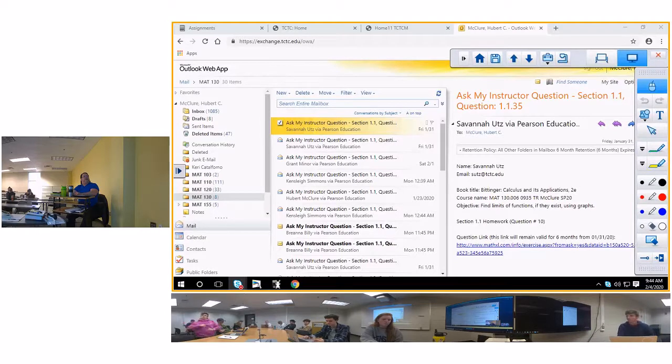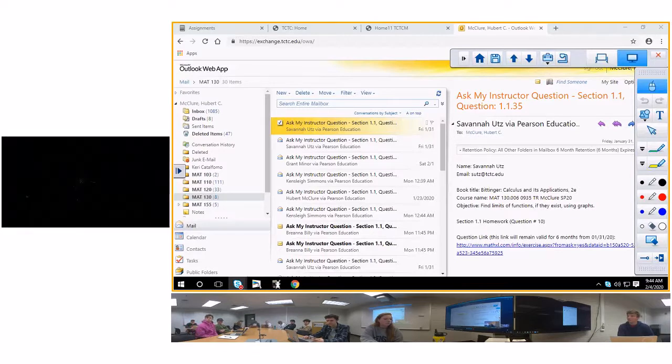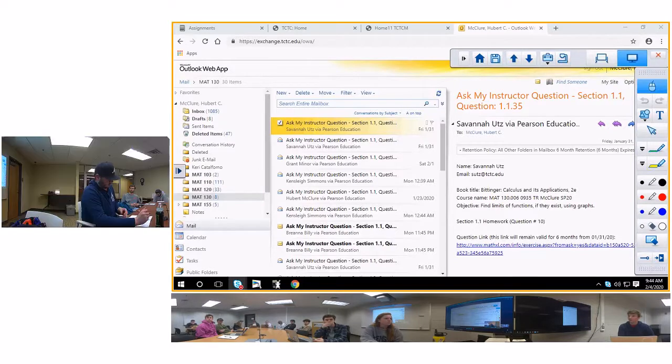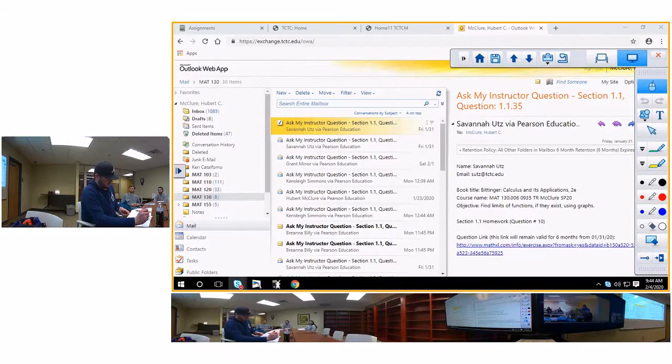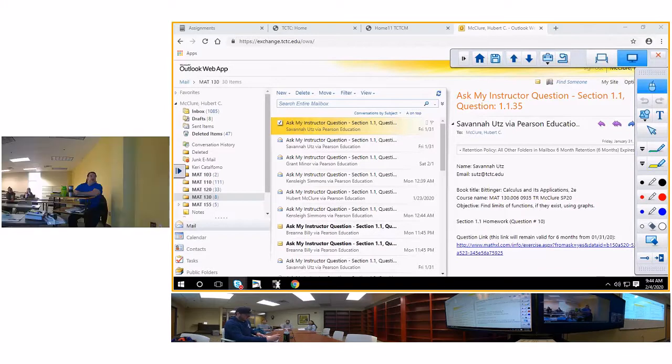Y'all do know you can click on that right arrow beside me and it'll blow up the Anderson campus so you can see the Anderson campus people better. You do know that, don't you? We do not. Okay, well, to the right of my picture, there's a white arrow. It's on the right side.